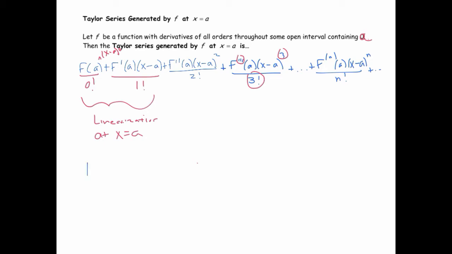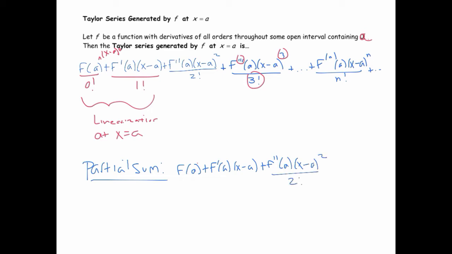If you wanted to actually do a Taylor polynomial, that would look like f of a plus f prime of a times x minus a plus f double prime of a x minus a squared over 2 factorial, all the way up to some n that you decide.